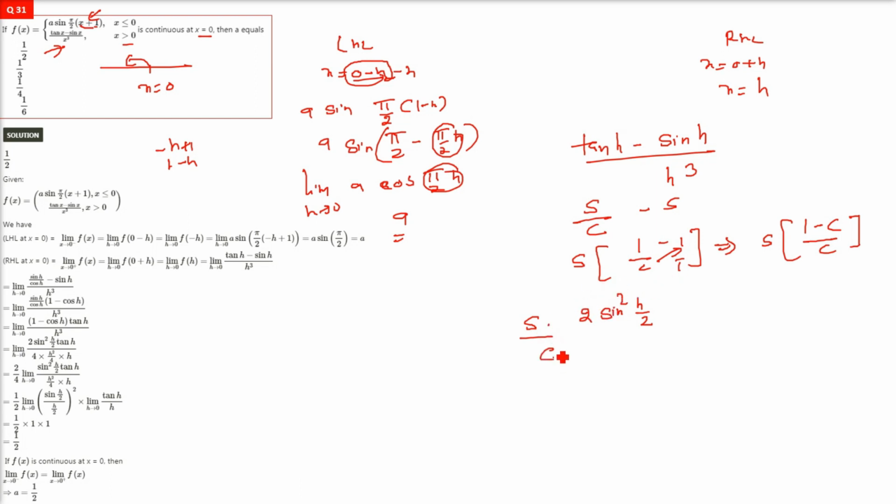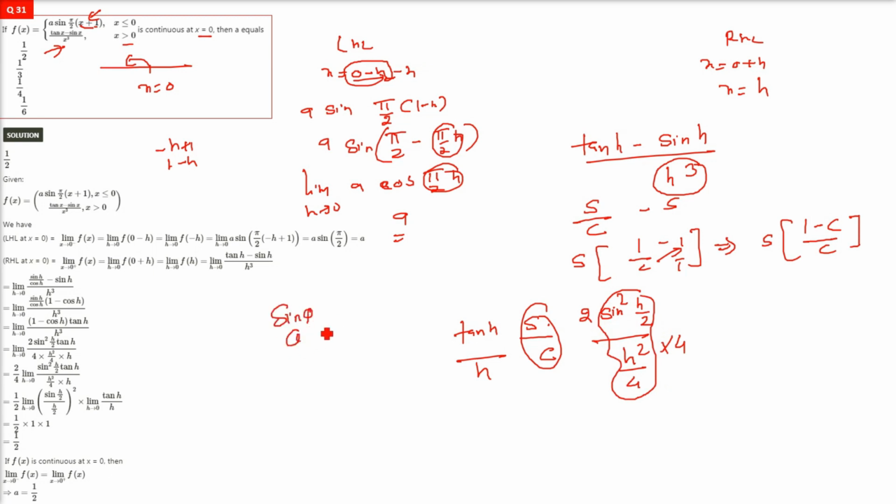So we have 2 sine square h by 2. What about the h cube in the denominator? It was already h cube. So we can utilize h square for sine square h by 2 and h below tan h. That is how we can utilize. But since it is sine square h by 2, you have to have h square by 4. So you have to multiply 4 here.